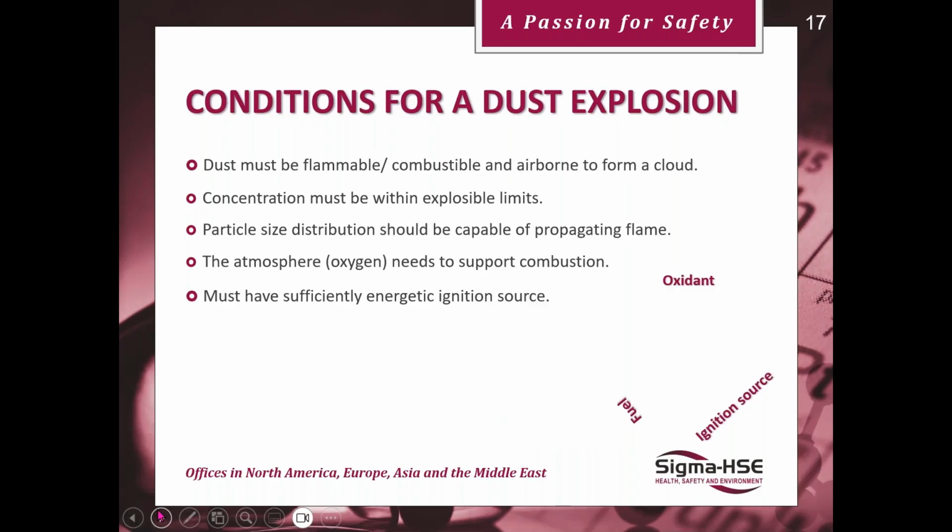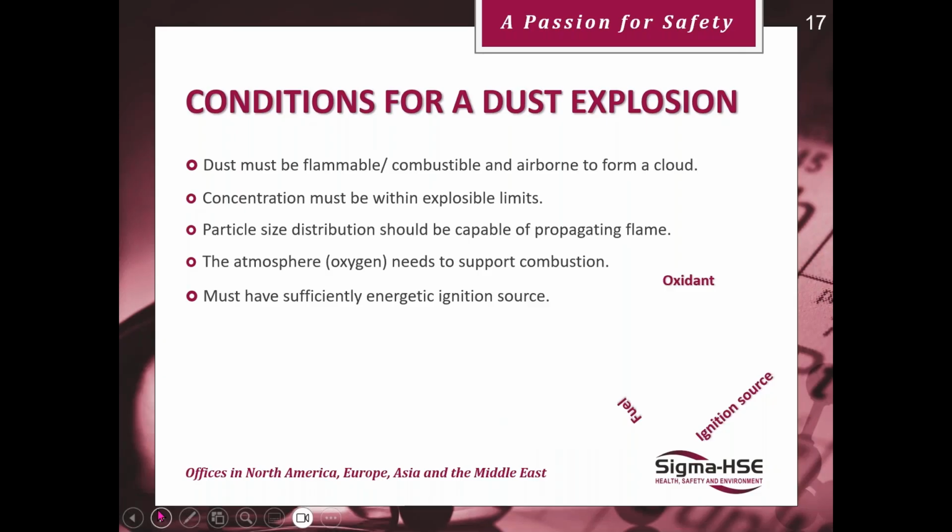Particle size distribution should be capable of propagating a flame. Normally, we look at the fact that if you're below 500 micron, then it's highly probable that you'll be able to generate a flammable dust cloud. Above 500 micron, the particles are normally too large to create a flammable dust cloud.